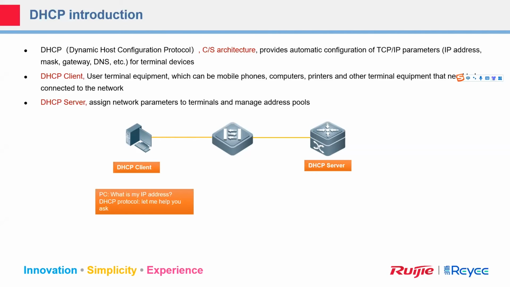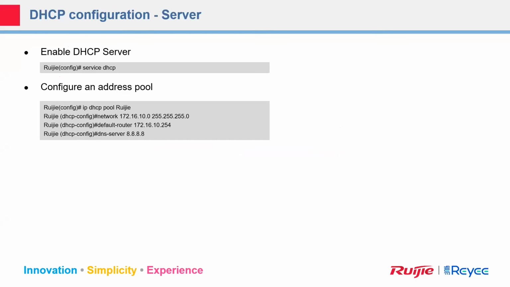So between the client and the server, we use the DHCP protocol to ask, I want an IP address, and the server gives a reply with which IP address you can use. For the configuration on the server, we have to enable the DHCP server first.